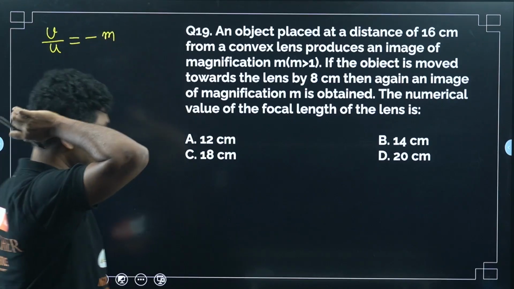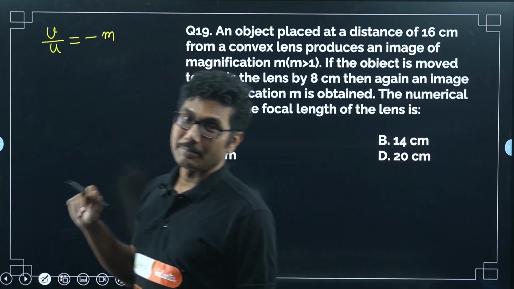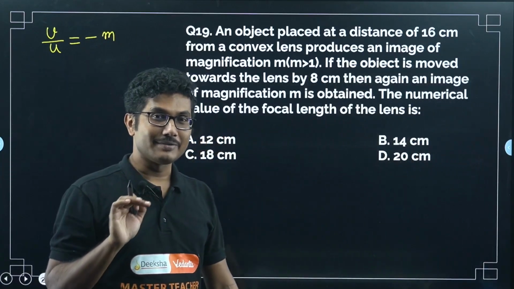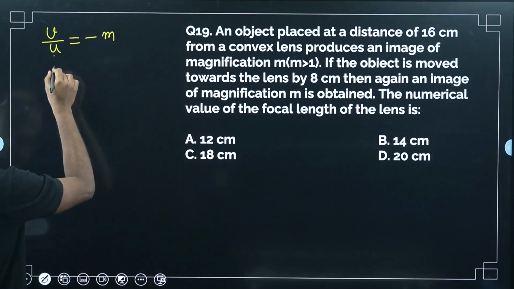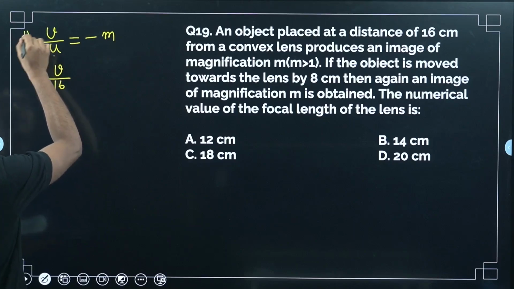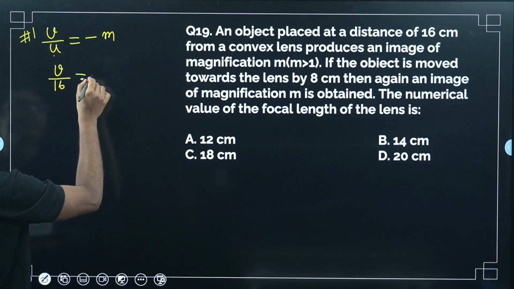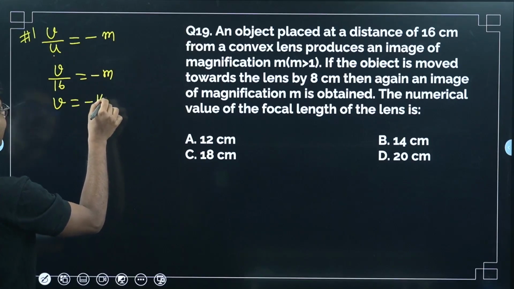Magnification is m, and because it's a real image it will definitely be inverted, so the sign will be negative. Now u is given 16, so v by 16, this is case number 1, is equal to minus m. So v is equal to minus 16m.